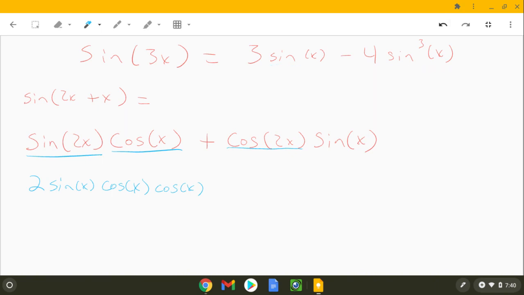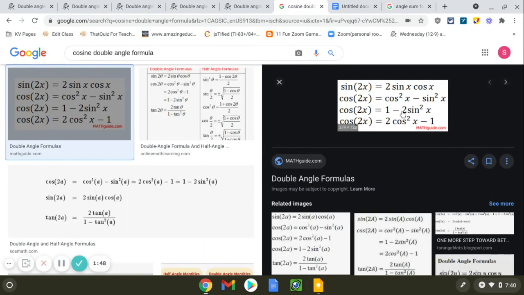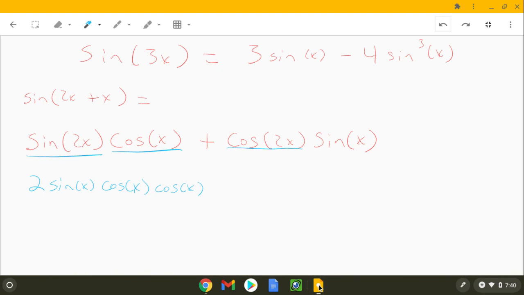So I'm going to use the identity where it's 1 minus 2 sine squared. Yeah, 1 minus 2 sine squared. So that's going to be plus 1 minus 2 sine squared of x. And then I have this sine of x that's hanging out on the right-hand side.